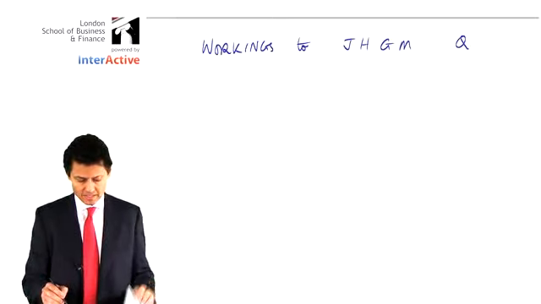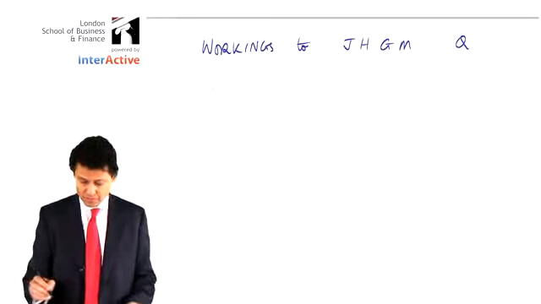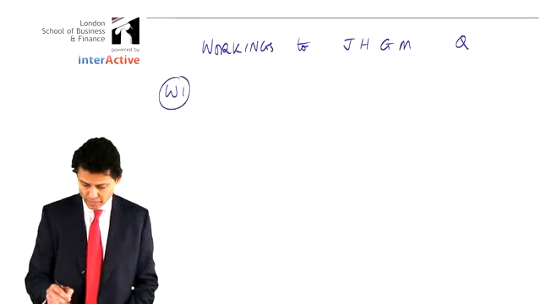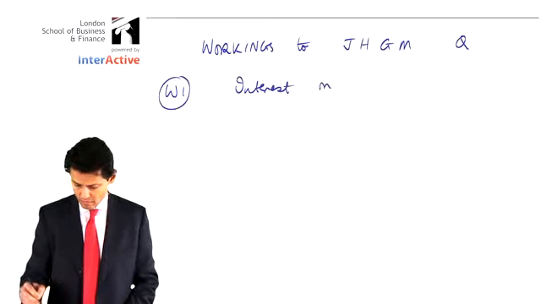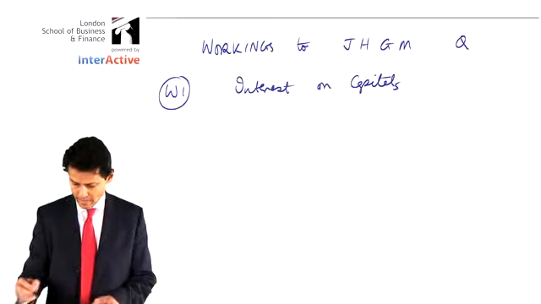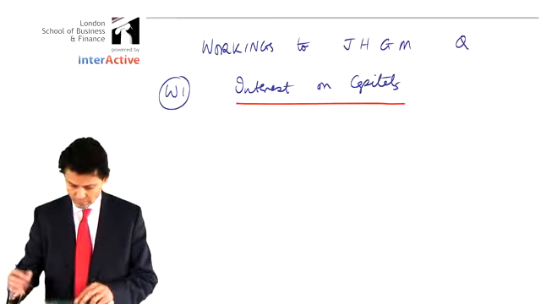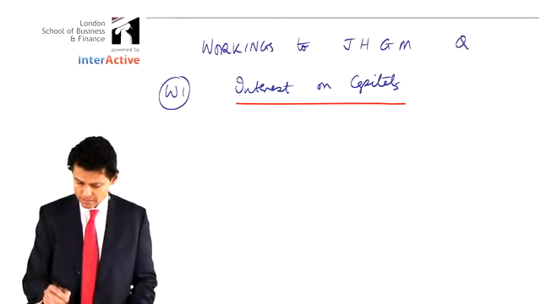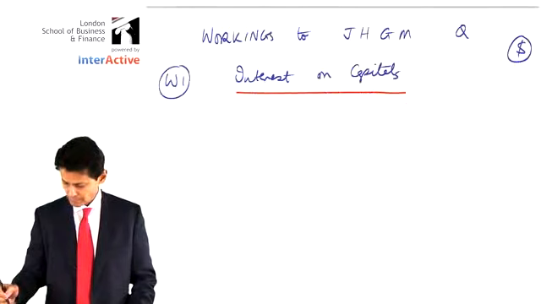And one of the first things I suppose I should do is to work out the interest on capital. So I might make that working 1, interest on capitals, make that plural. These are all thousands, so that's fine.